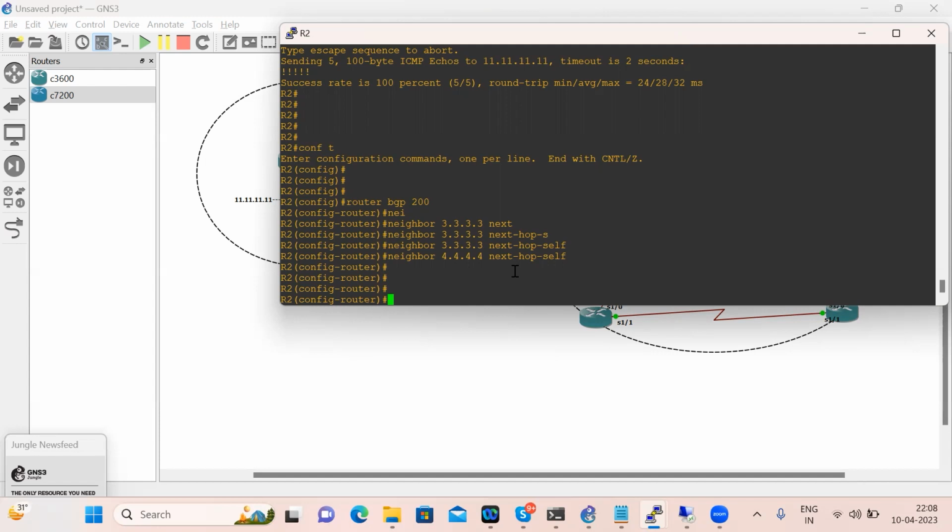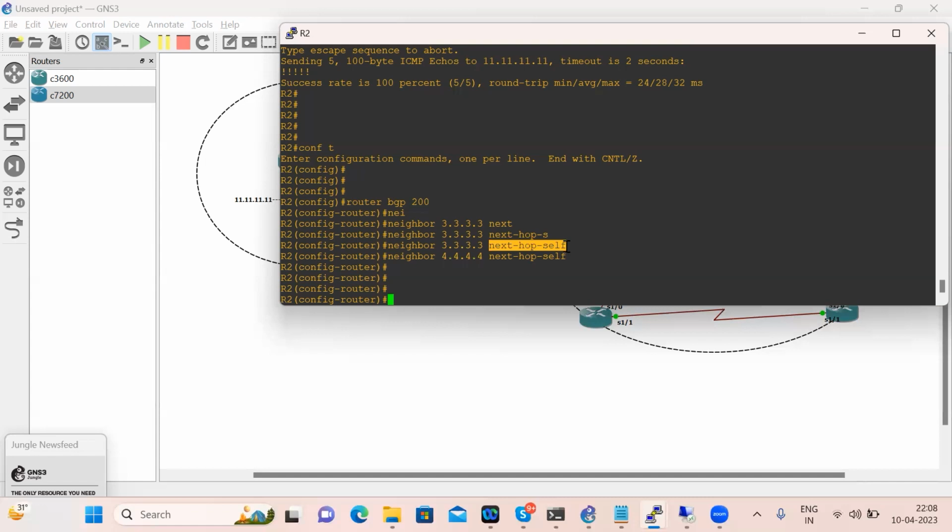While advertising any network to 3.3 or to my neighbor 4.4, any eBGP network, router 2 is saying to itself that I will set the next hop IP address as my own IP address.